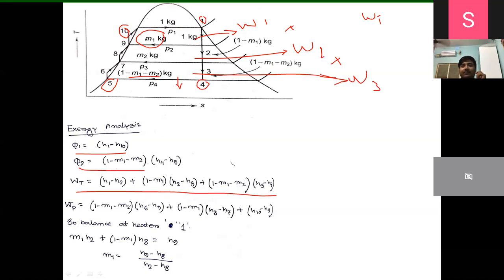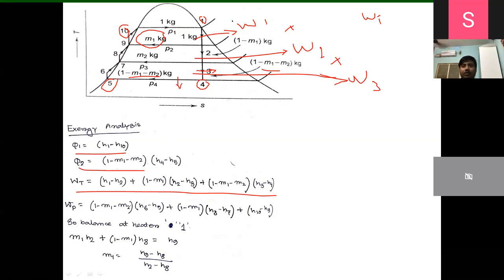Then in the last phase it will expand up to 1 minus m1 minus m2. The similar concept: in the second cutout we took out m2 kg of steam, so the remaining is 1 minus m1 minus m2. So these are the three work outputs that we will get in the turbine.